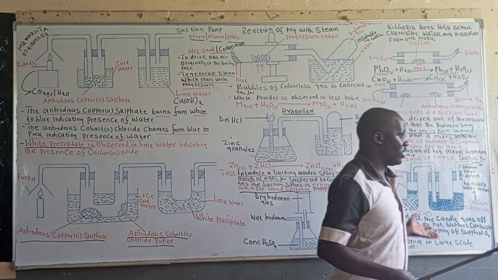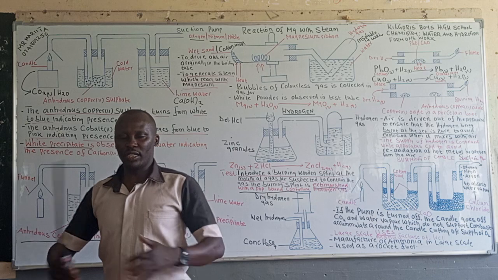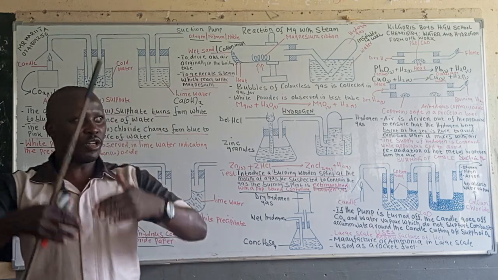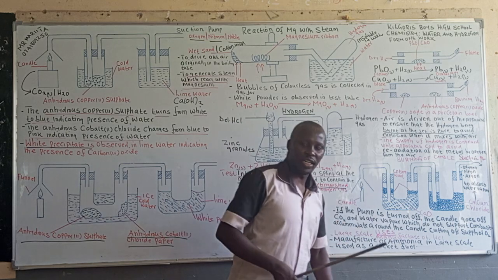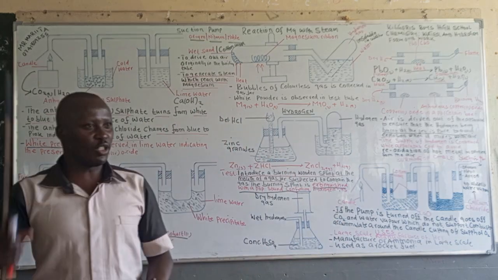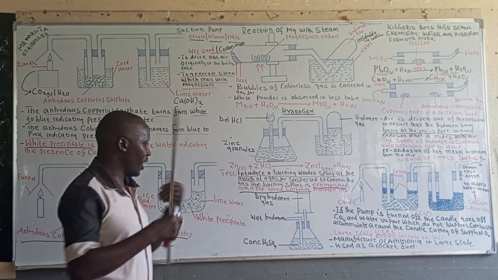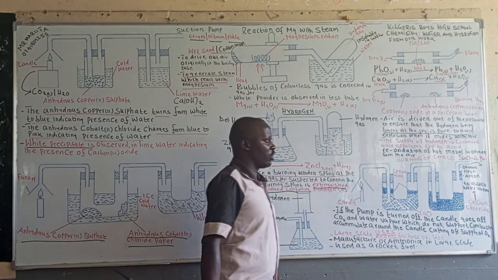It can also be used in welding, whereby when mixed with oxygen it produces a very hot flame, which we call the oxy-hydrogen flame. Hydrogen can also be used as a rocket fuel. It can also be used in hydrogenation, or the manufacture of margarine. So those are some of the uses of hydrogen.